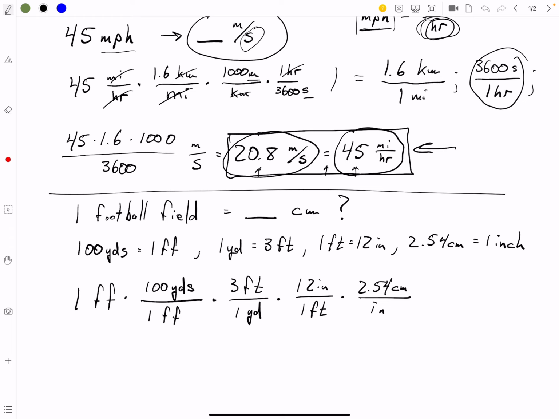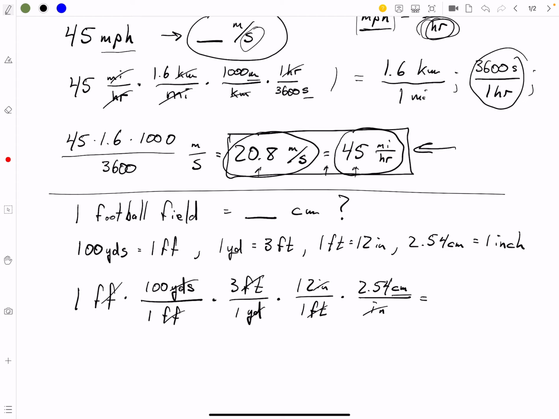So let's just real quick, before we throw an equal sign in there, make sure that we've got all of our ducks lined up. I think that does it. Oh, got rid of the football field. And we're left with centimeters. Okay, so good. So now we can do all of that. We're going to multiply 100 times 3 times 12 times 2.54.